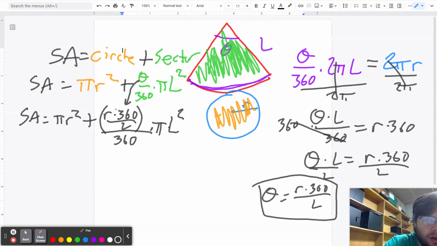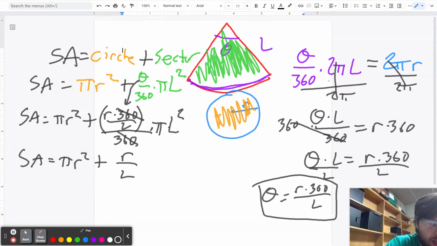Well, r times 360 divided by 360 cancels out. So we get pi r squared plus r over L times pi L squared. Well, remember that L squared is just L times L. And I also have a divided by L here. So I can cancel one of the L's there.